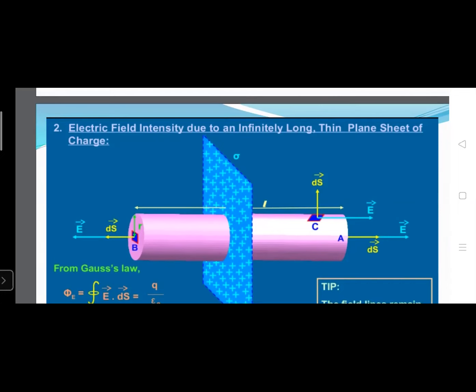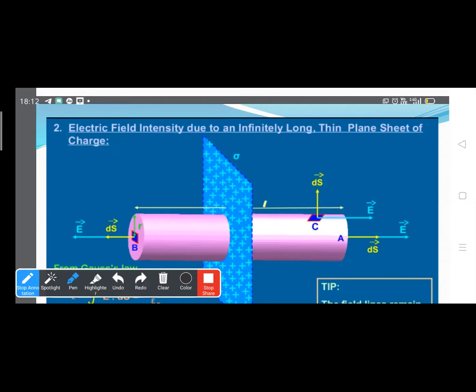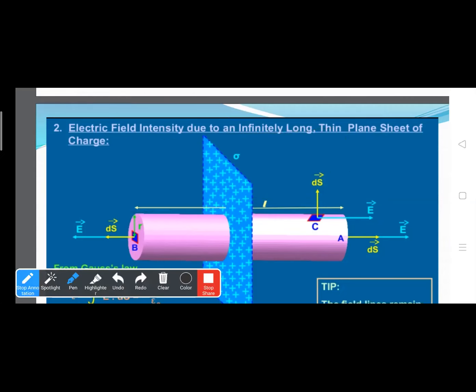So the cylinder cuts through the sheet and encloses a charge Q equals sigma A. As I told you, Q equals sigma A. At the plane ends, A and B, from the figure, E and dS are both parallel, in the same direction.